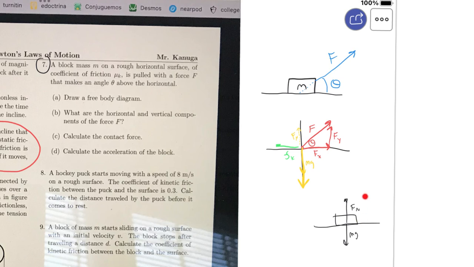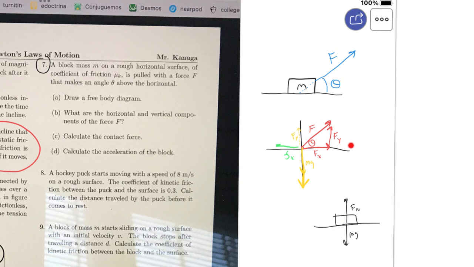That pushing back is called the normal force. Now, because you're pulling up at an angle, you're kind of lifting it at the same time, which means the ground is not pushing back as much anymore, if that makes sense.